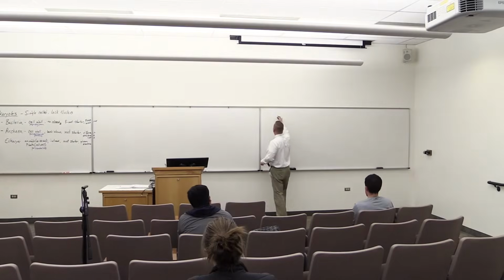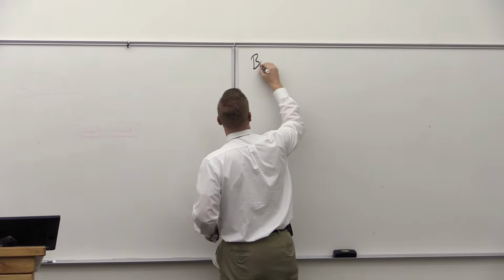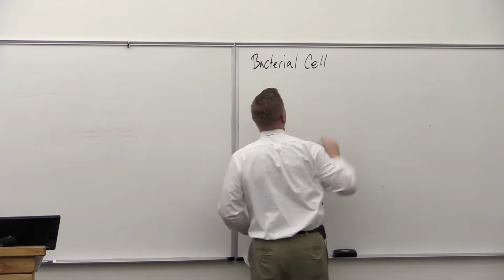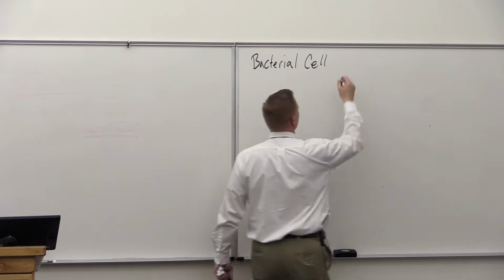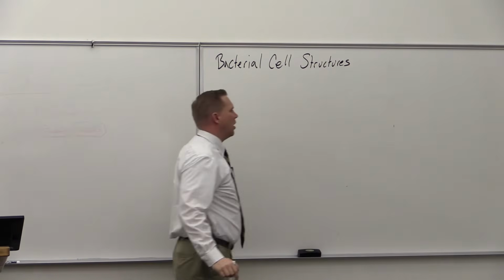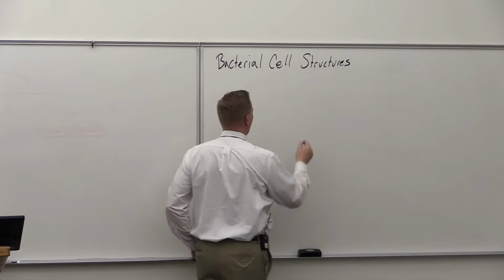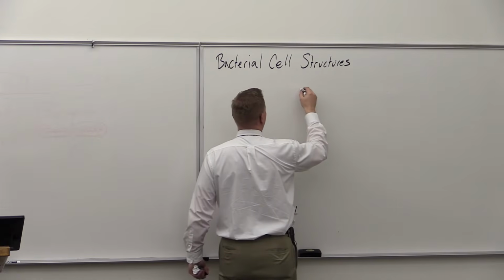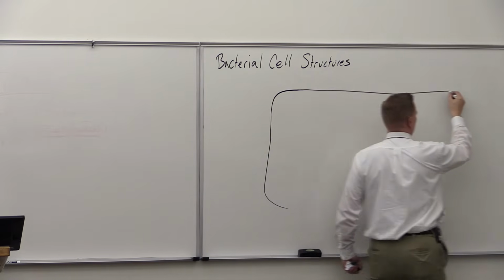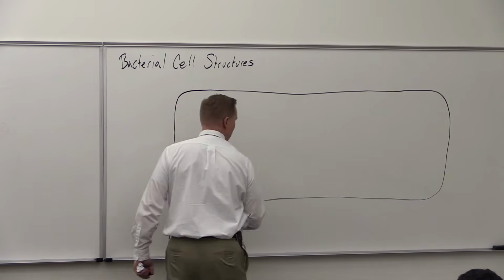Now, let's look a little bit more closely at the bacterial cell and some of its structures. So we did this in a previous lecture with our eukaryotic cell and what went on inside. And so for the bacterial cell, what's nice is it's a smaller cell and it's not as complicated. So we'll start like we did last time, drawing a cell.